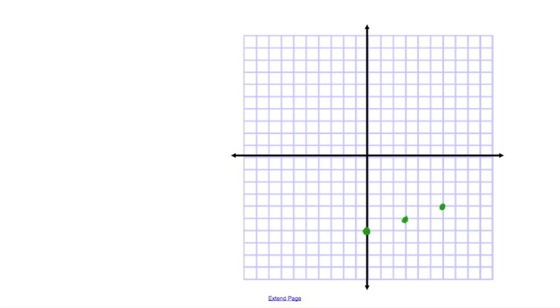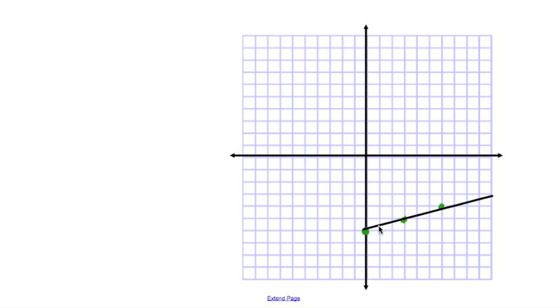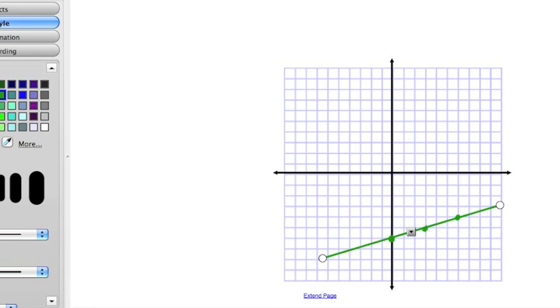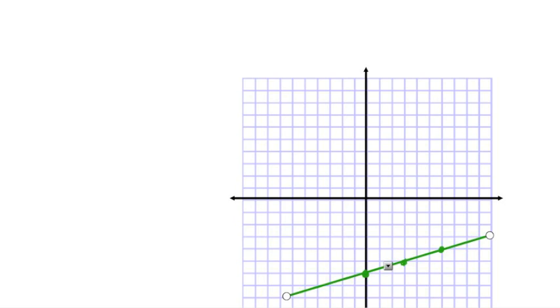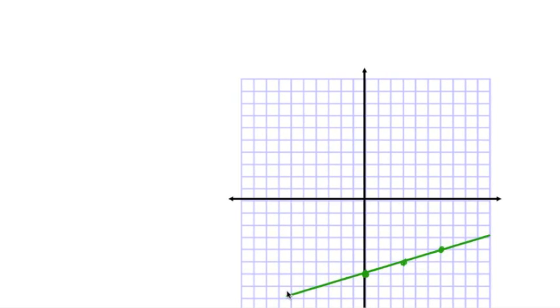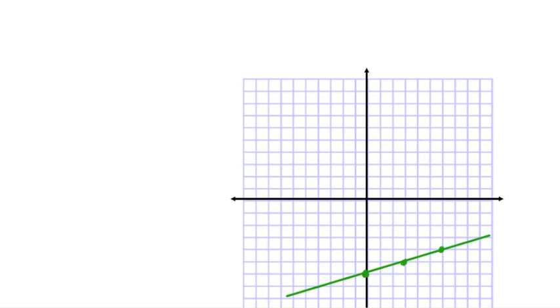And when we solve by graphing, we use a straight edge to connect our points. And there is the graph of the first line. Let me get the arrows on here. And now we're ready to move on to the second line.